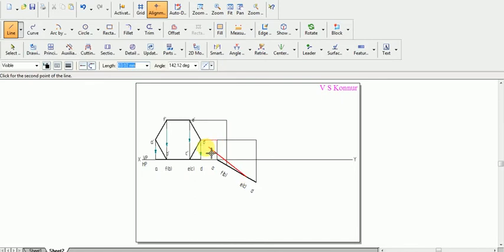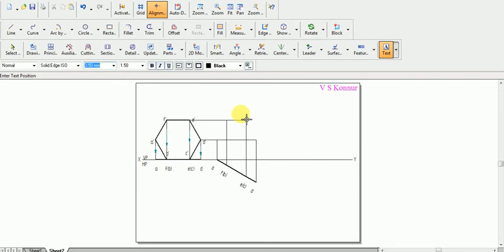Then E point, and C we get directly at this point, and D. Now we'll write which point we got. It is F dash, this is E dash, this is B dash, next C dash, next we get B dash here, this is A dash.